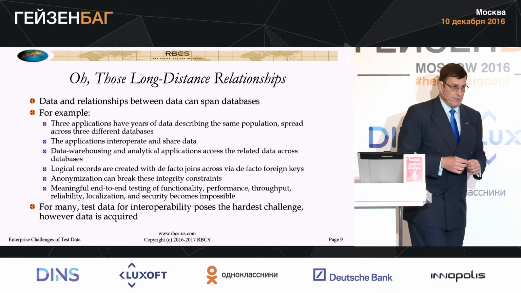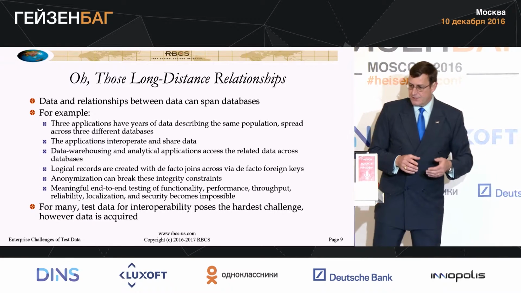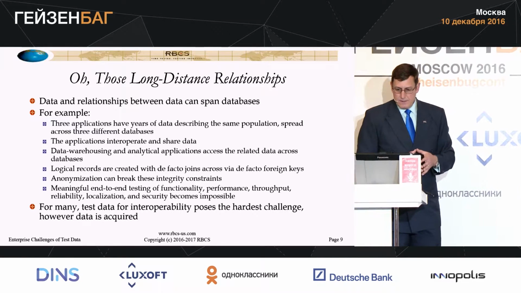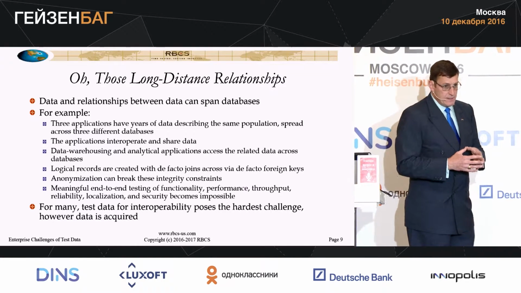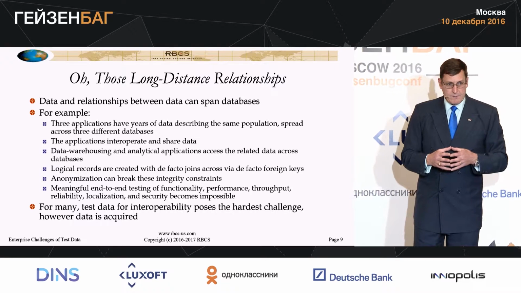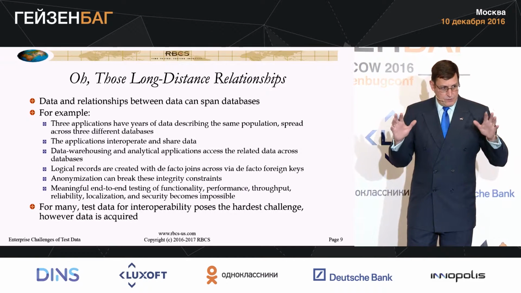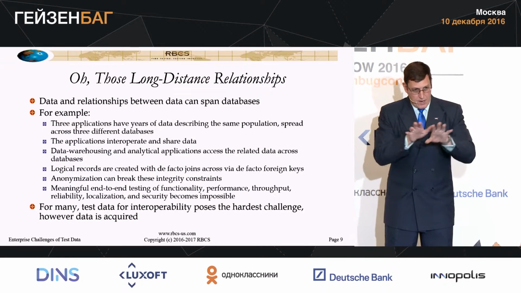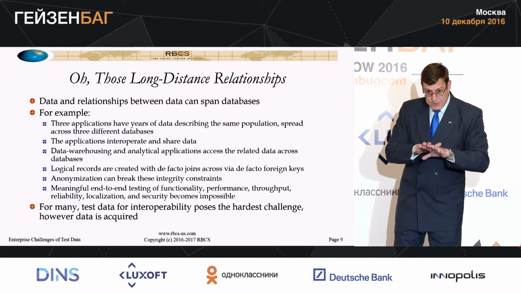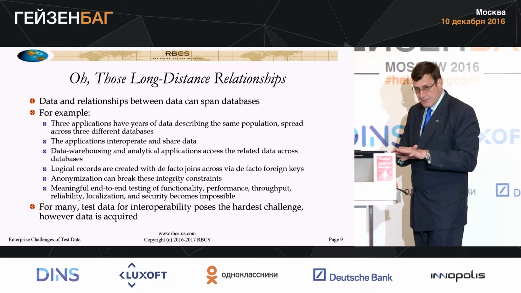You might say, well, yeah, but they're different databases. Well, yes, different databases, but they might have related data in them, and you might want to be able to do testing that pulls across multiple databases and looks at those relationships in the data.